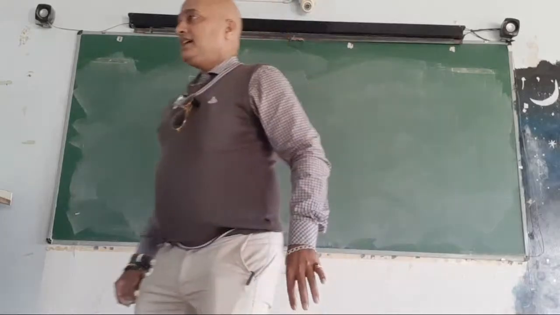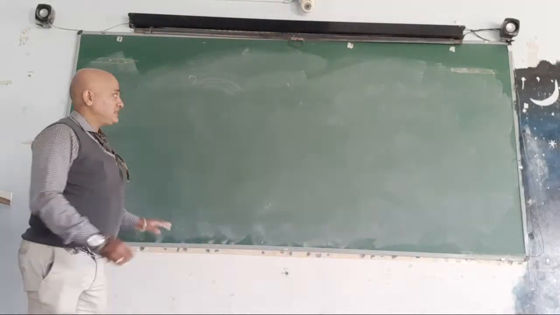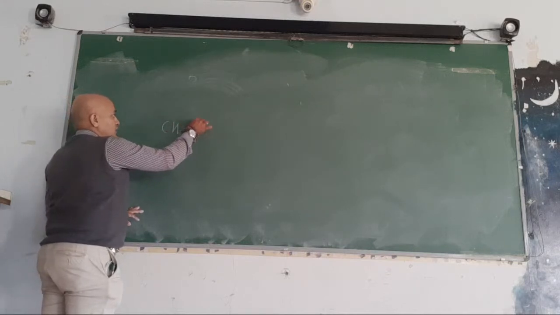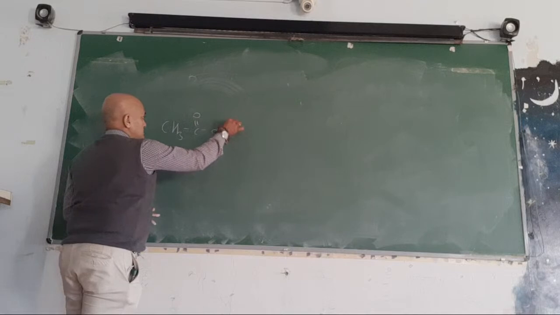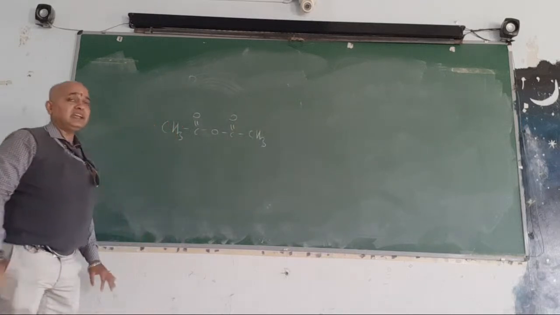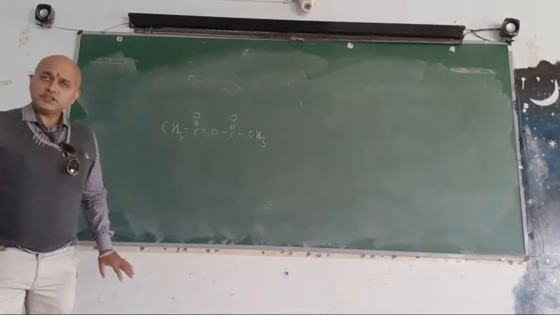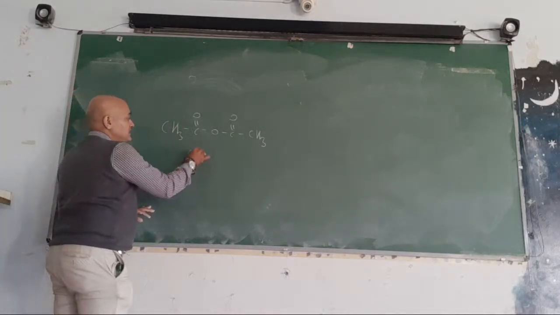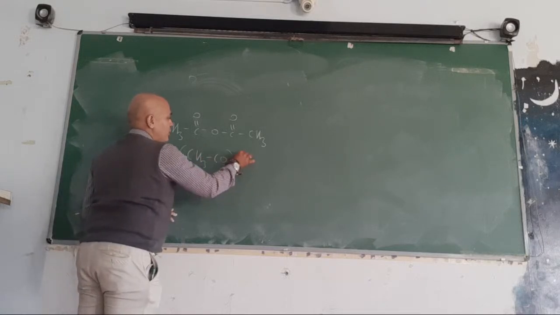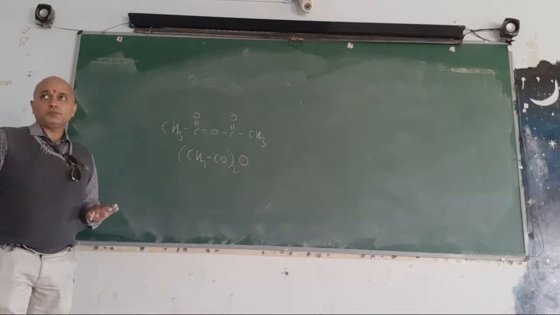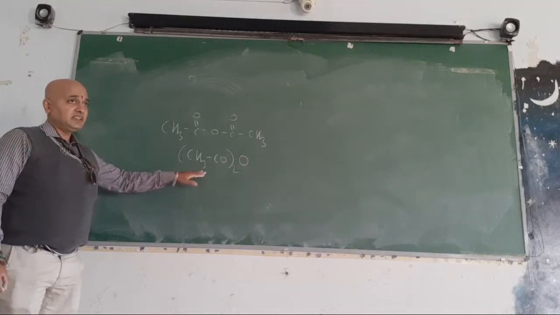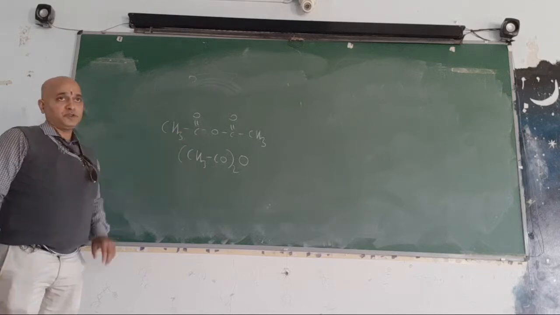So that's where I have CH3CO-O-COCH3, acetic anhydride. Which can also be written as CH3CO twice O. Both are correct. In your textbook they might have represented it like this. This is also fine.